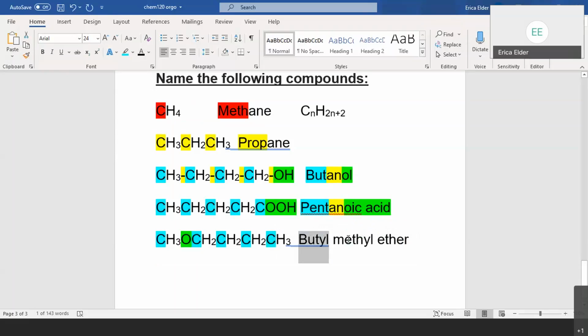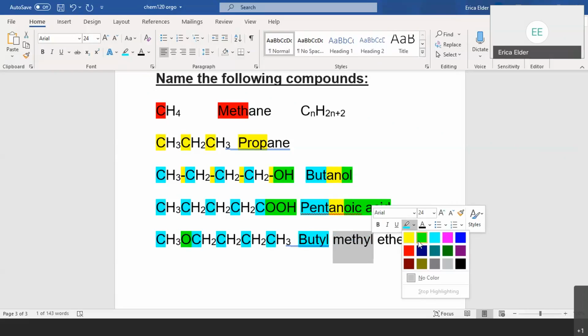Even though it is second in your representation here, it will actually appear first because in alphabetical order, B comes before M. And the methyl group here is associated with your first carbon in this run.